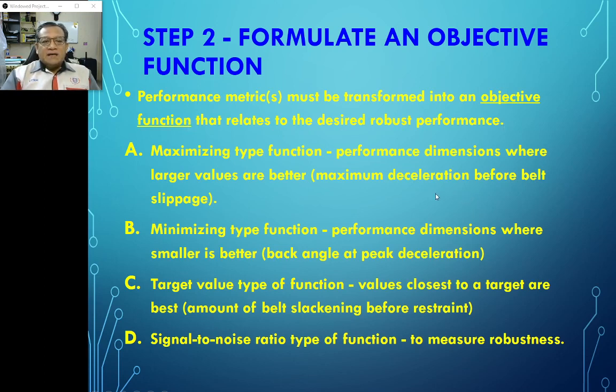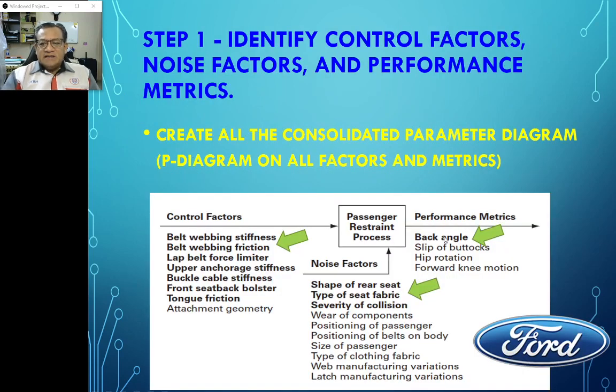There are a few types of objective function. One, type A, this objective function you want to maximize it, right? To maximize the performance, perhaps back angle, right?